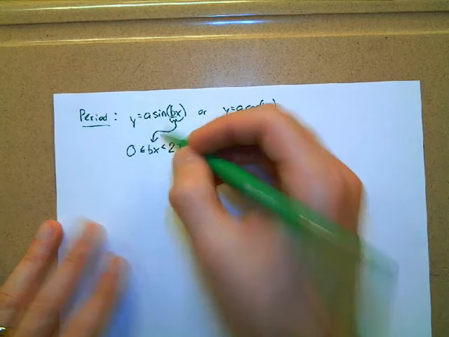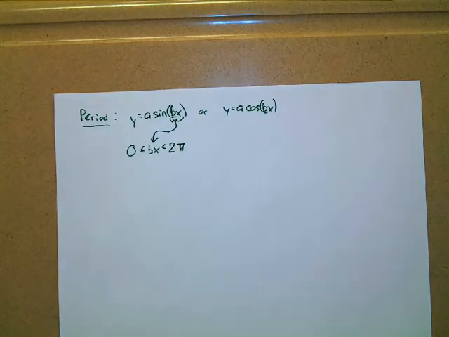To solve for x here, we would divide everything by b to get the x by itself. And so we're left with 2 pi over b. And then 0 divided by b is still going to be 0.